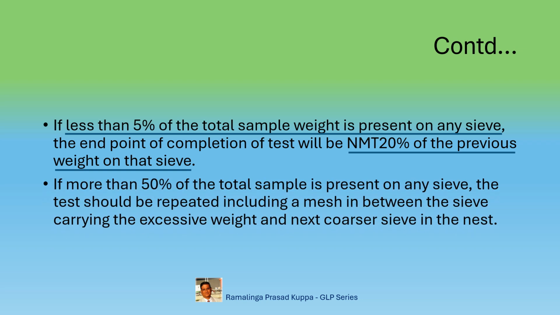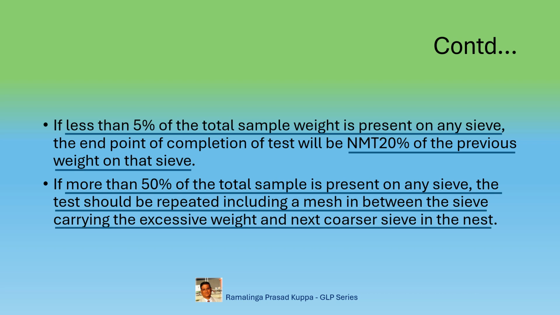If more than 50% of the total sample is present on any sieve, the test should be repeated, including a mesh in between the sieve carrying the excessive weight and next coarser sieve in the nest.